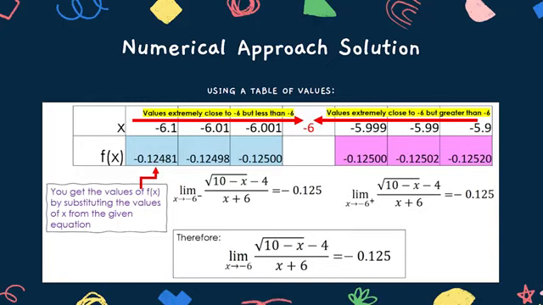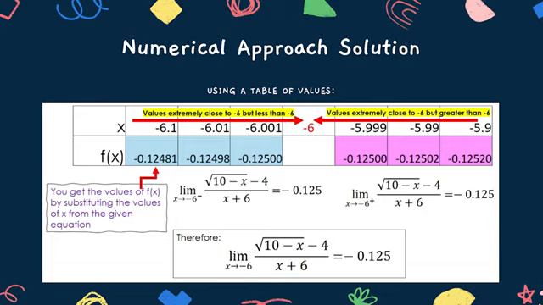Then you get the values of f of x by substituting the values of x from the given equation. You get negative 0.12481, then negative 0.12498, negative 0.12500, and then for the right side, you get the values negative 0.12520, negative 0.12502, and negative 0.12500.